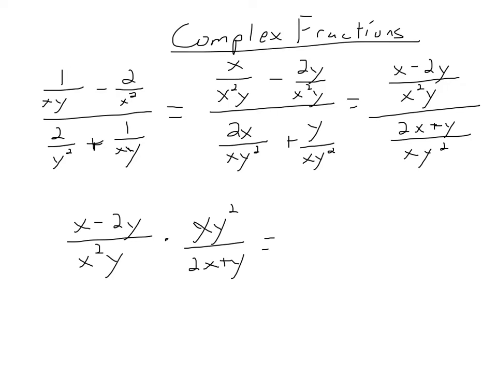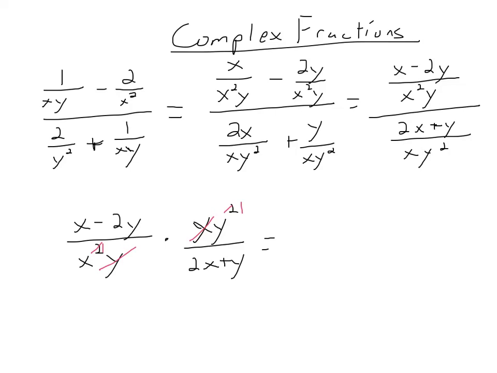So in the denominator of the first term, we have x squared y, and in the numerator of the second term, we have xy squared. We can take out an x from one of these each, and a y from one of these. So when we do that, we will change that to 1. We'll cross that one out. We'll change this to 1, and we will cross this one out.